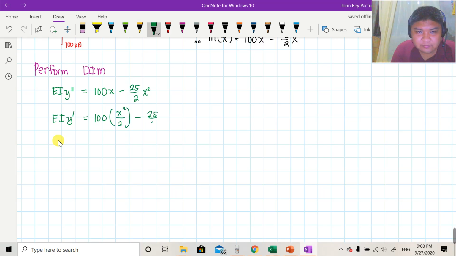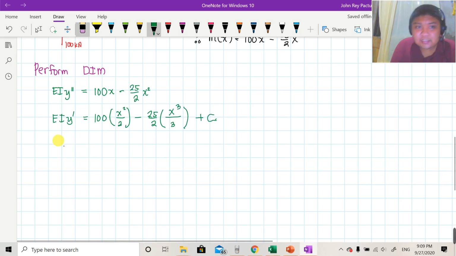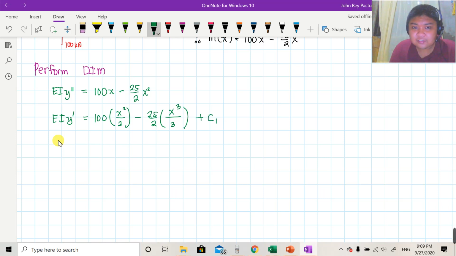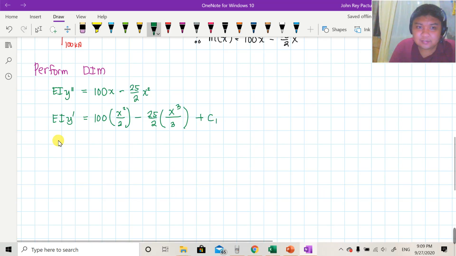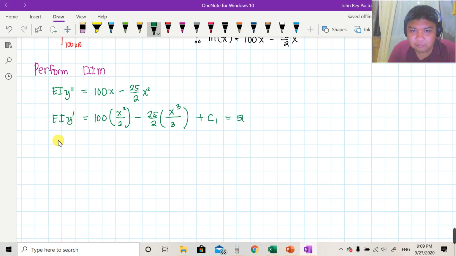Minus 25 over 2, this time x has an exponent of 2, so 2 plus 1, x cubed over 3. Is it complete now? You know it's not, because of course you need to put the first arbitrary constant of integration, C1. So we place C1. Simplifying this, it equals 50x squared minus 25 over 6 x cubed plus C1. So now we have EI y prime.